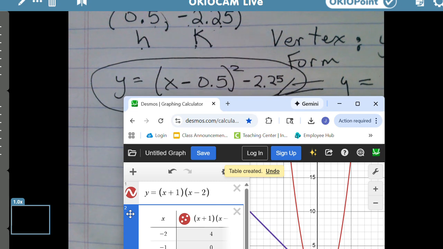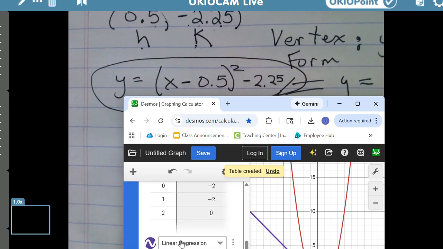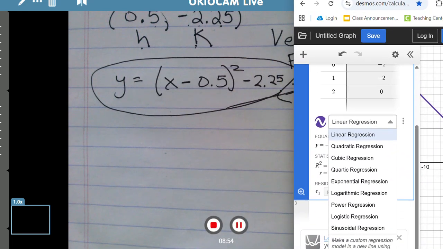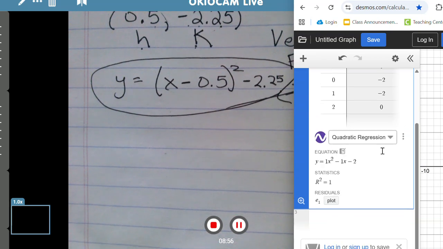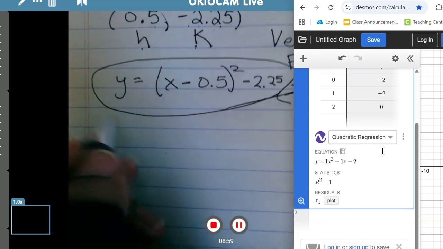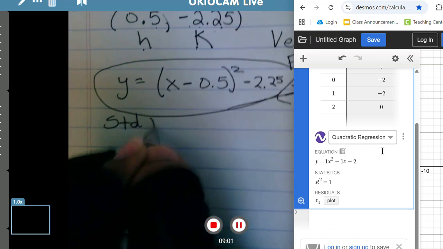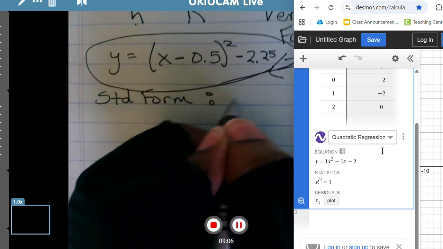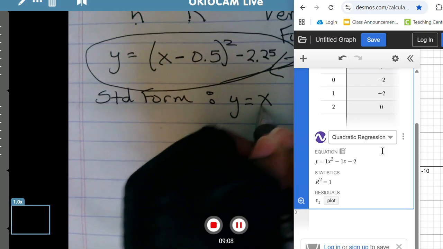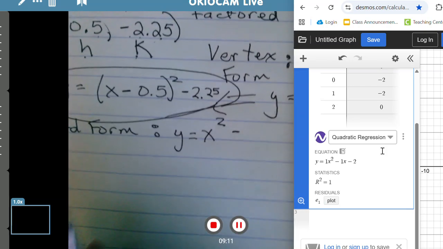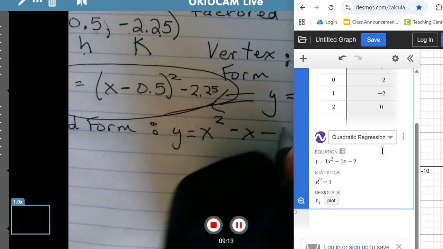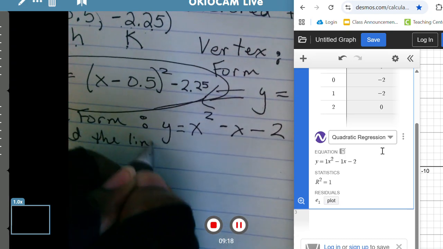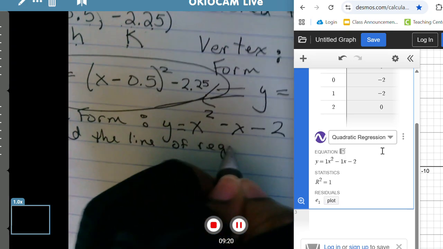Once you have the table, click add regressions, change linear regression to quadratic. So now the standard form, which I call STD form for abbreviating, is y equals x squared minus x minus 2.